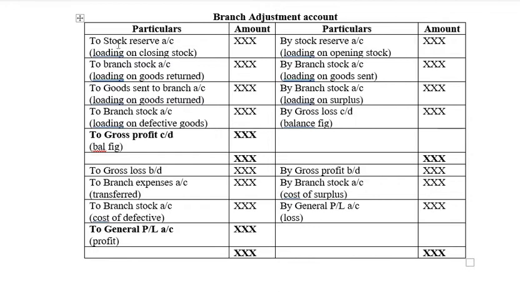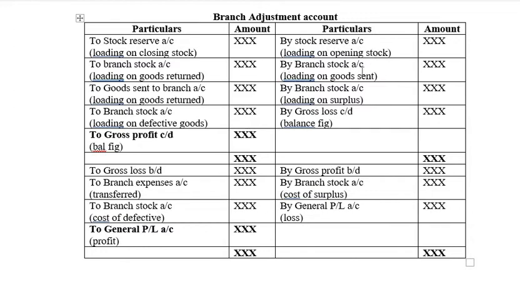To the debit side you have to stock reserve account, loading on closing stock. Second, to branch stock account, loading on goods return. To goods sent to branch account, loading on goods return. To branch stock account, loading on defective goods. By stock reserve account, loading on opening stock.